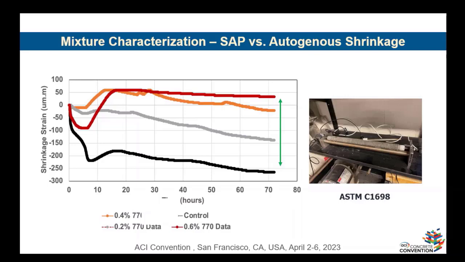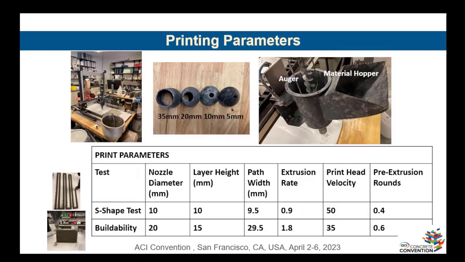And you can see that when we add SAP, the autogenous shrinkage decreases, and even when we have 0.6% of SAP, we have a little bit of expansion, which we can say can compensate and inhibit the shrinkage in 3D printed concrete.